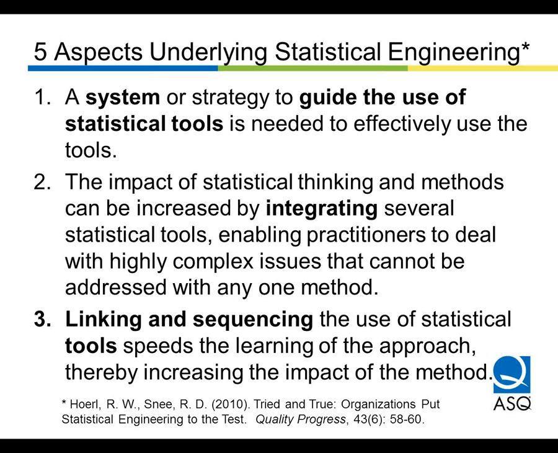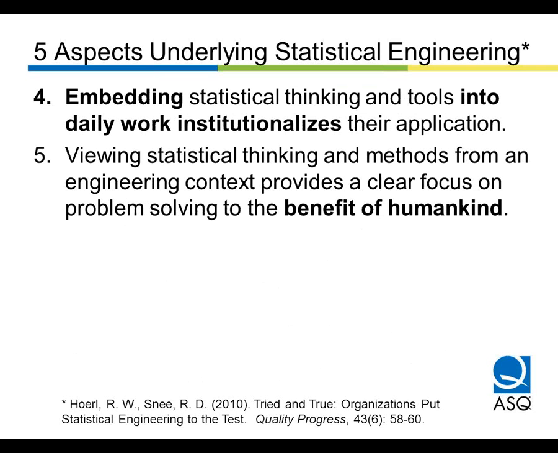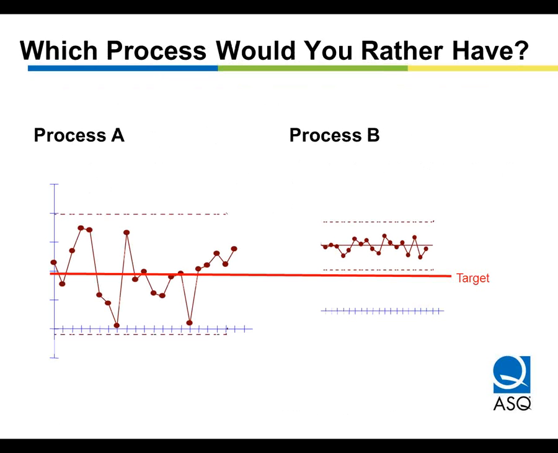And third, linking and sequencing the use of the tools speeds the learning of the approach and thereby the impact of the method. Fourth, embedding them into daily work institutionalizes their application. And I think most definitely you'll see that here. And fifth, viewing statistical thinking and methods from an engineering context provides a clear focus on problem solving to the benefit of humankind.